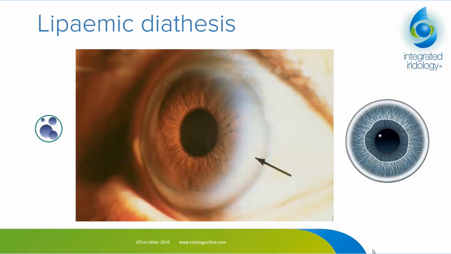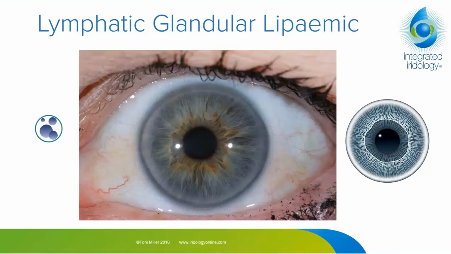However, development of this arcus in clients under the age of 40 has very serious implications, including vascular and liver pathologies, diabetes mellitus, and a disposition to develop cancer. If you look at this corneal arcus, it's white, and we've learned in many previous lessons that white is an indication of inflammation.